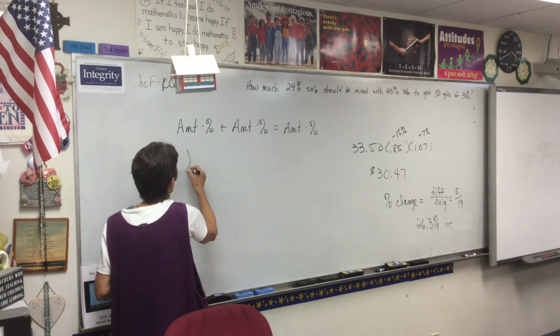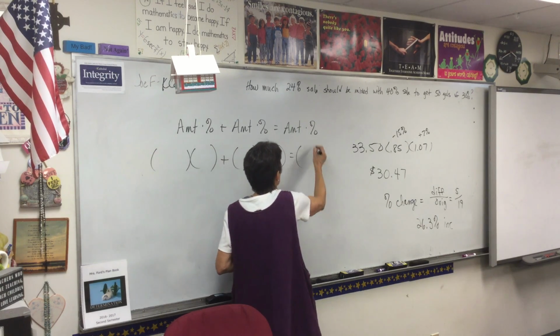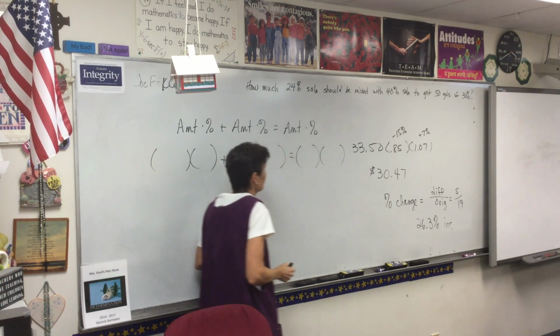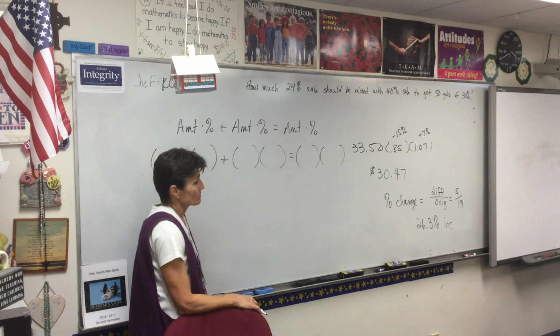How much 24% should be mixed with 40% to get 50 gallons of 30%?